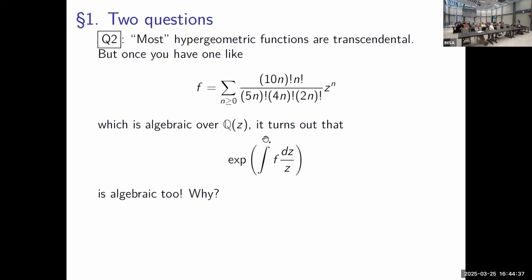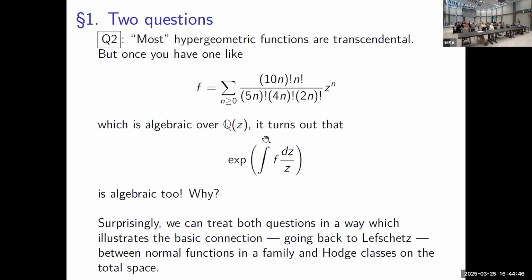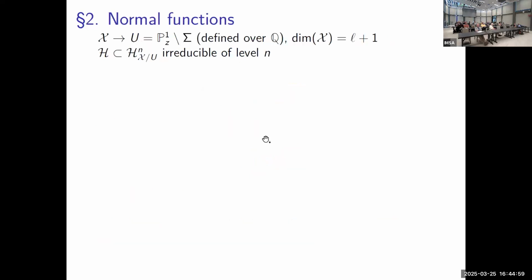That particular example actually appears in recent papers by Zagier and Fernando Rodriguez-Villegas. As I said, we can treat both questions in a way which illustrates the basic connection between normal functions in a family and Hodge classes on the total space. Okay. So what do I mean by normal functions?